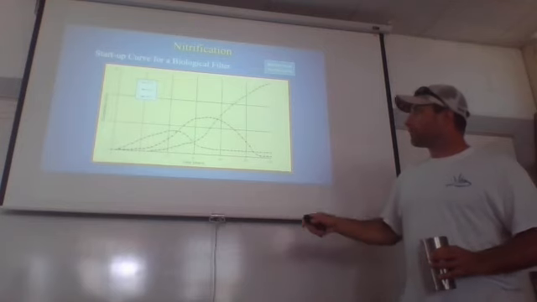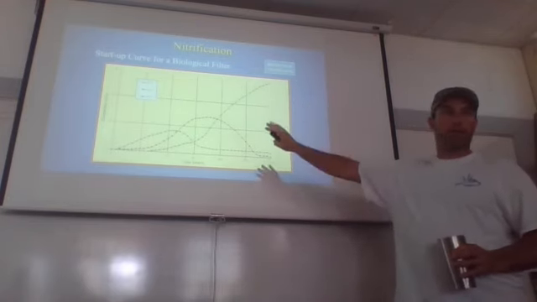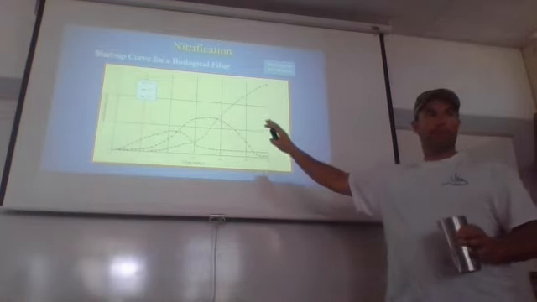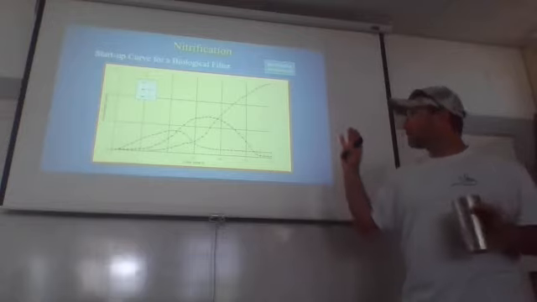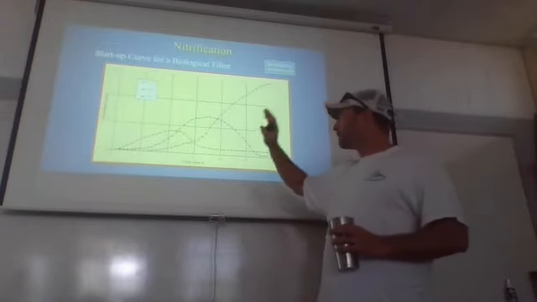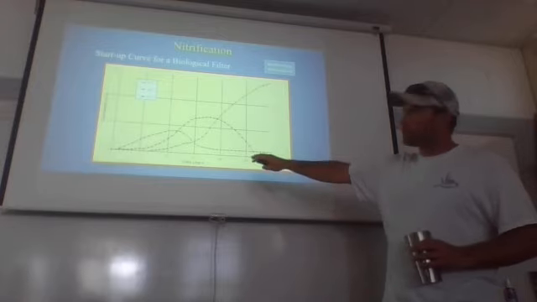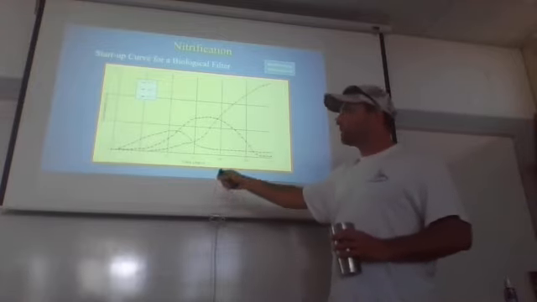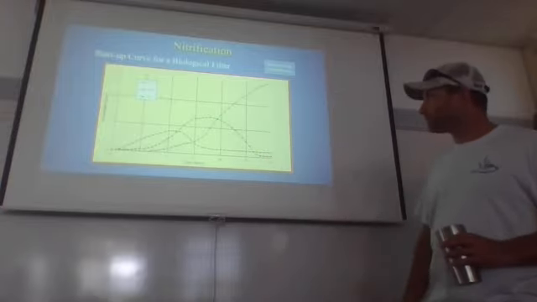But before we get there, for all the purposes of your exam, we're talking about aerobic, chemotrophic nitrification, which is the consumption of ammonia, converting it to nitrite, converting it to nitrate.